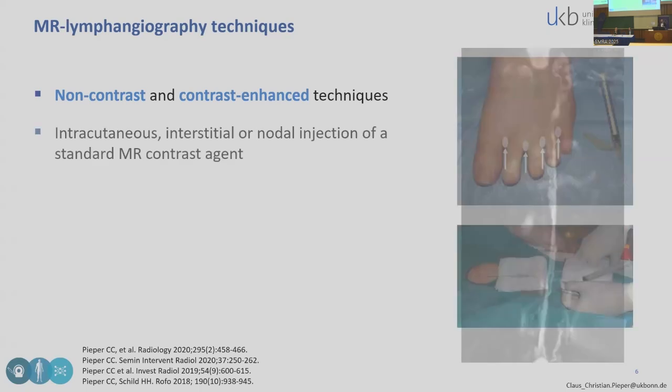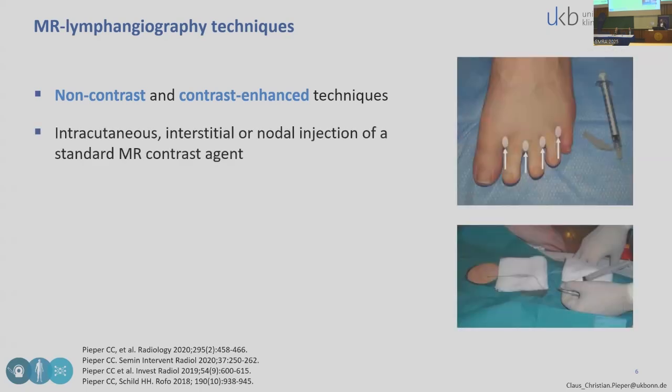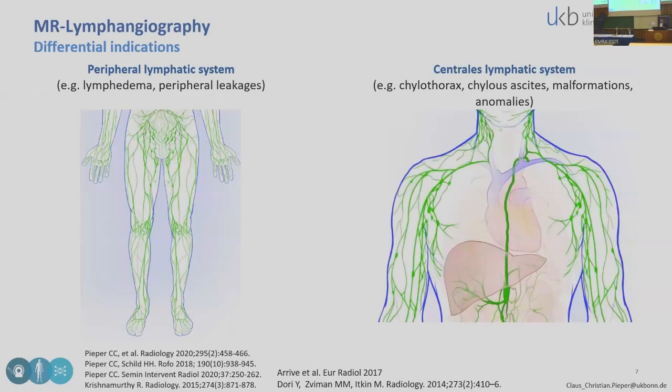And you can also perform contrast-enhanced studies either by intracutaneous interstitial injection in the periphery, so-called, in this case, transpedal MR lymphangiography, or nodal lymphangiography, which gives you more flow information and dynamics. And we don't need any oily contrast agent, which has always been a worry for some referring physicians.